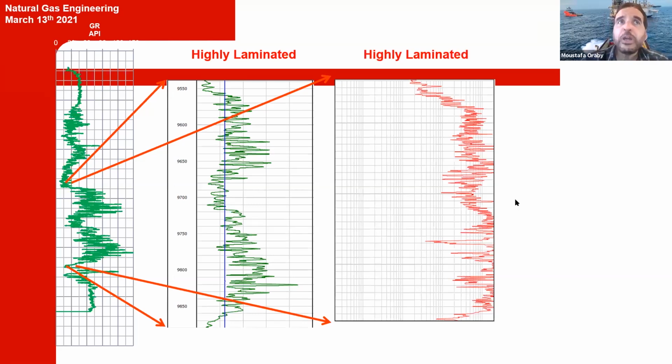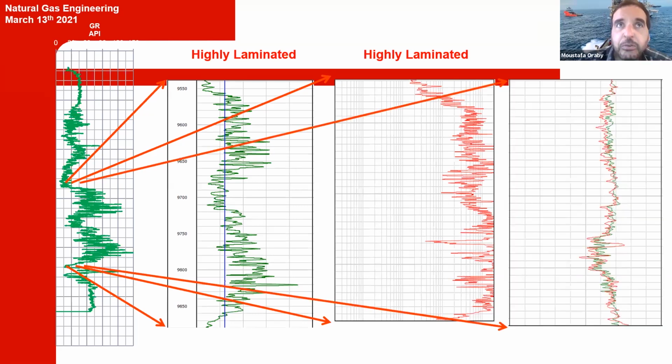So one of the most important characteristics of any unconventional reservoir is that it has to be a thin laminated reservoir. If you don't see this, you don't call it an unconventional reservoir, okay? So one of the most important properties of an unconventional reservoir is that it has to be laminated, okay?